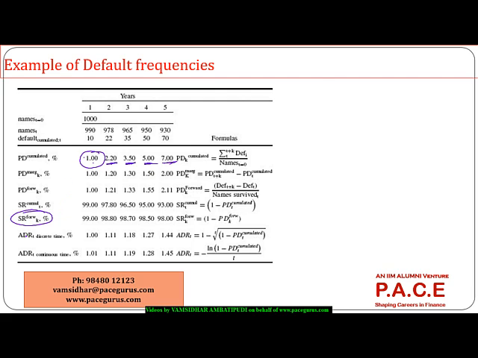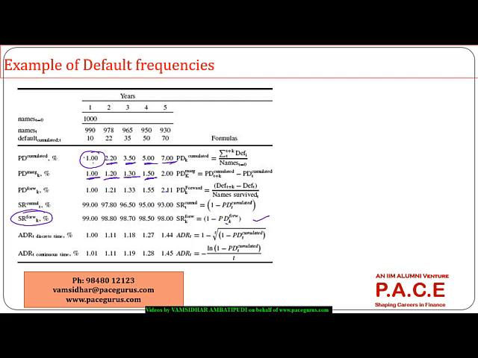Similarly, when I am talking about the forward survival rate, I am going based on the marginal rates. So 1 minus the marginal is what gives me the forward survival rate: 99%, 98.8%, 98.7%, 98.5%. So it is 1 minus the forward probability of default.